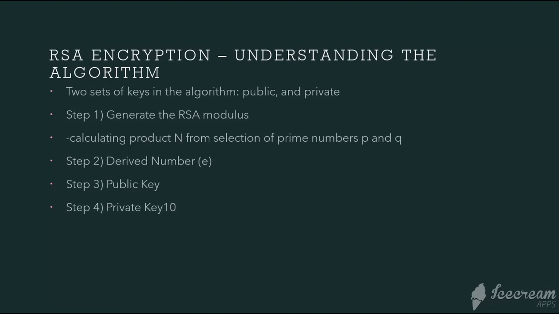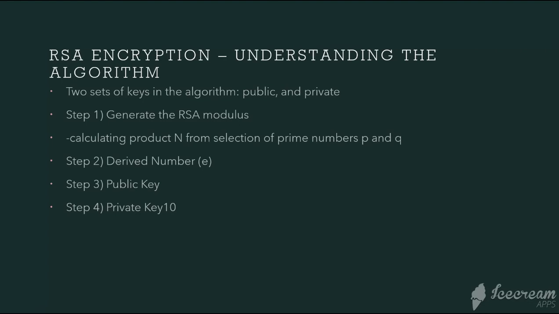So the public key has three variables: n, which would be the product of the really large prime numbers p and q, and then a derived number e from all three of those. And the public key consists of the modulus n and a public exponent, which is e. That's why it's denoted e, which is normally set at the number 65537, which is a prime number and not too large.